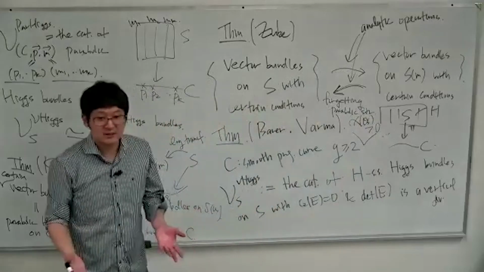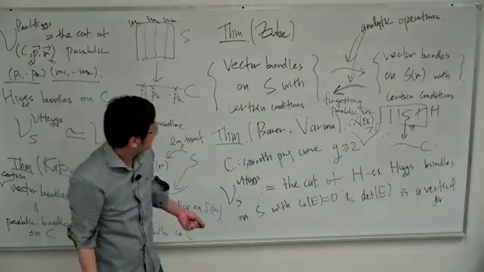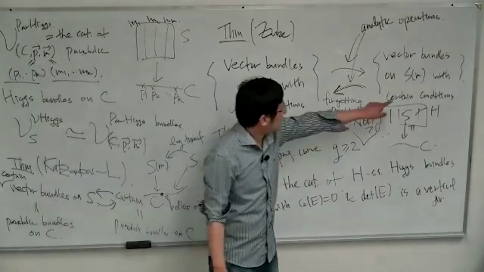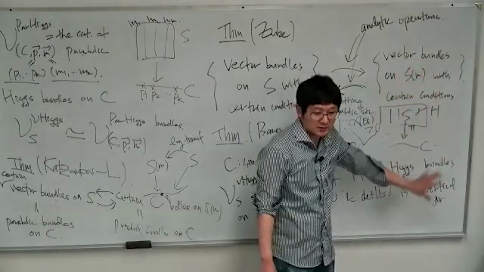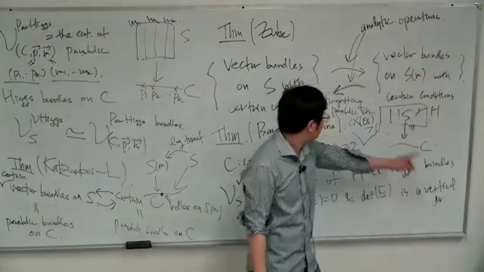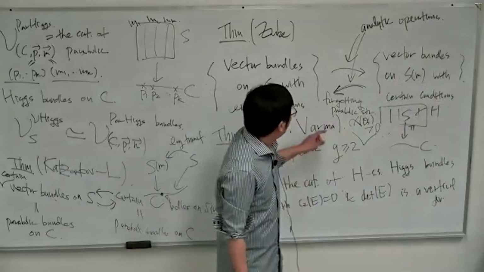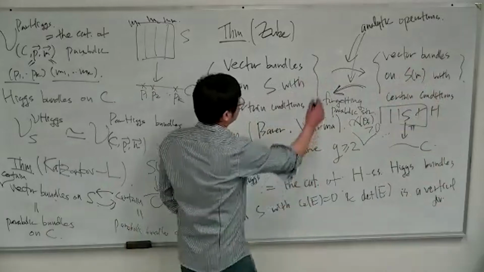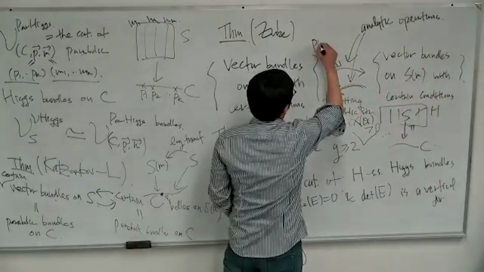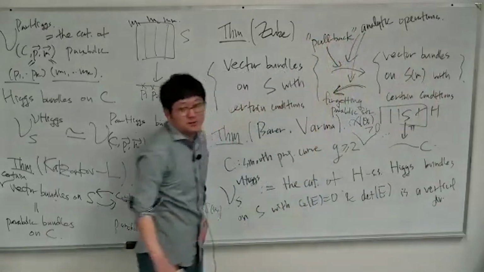A parabolic bundle is where I choose a point and give some extra condition. So in this direction, I consider this vector bundle identified with a parabolic vector bundle on the base curve, and then this functor is nothing but forgetting the parabolic structure. And this direction also has a very natural interpretation. This corresponds to a kind of pullback functor in terms of parabolic vector bundles.